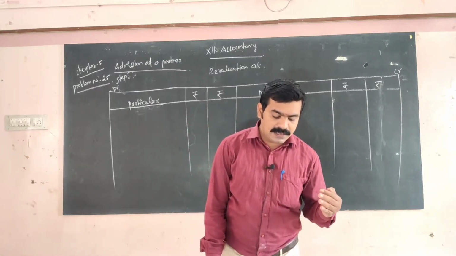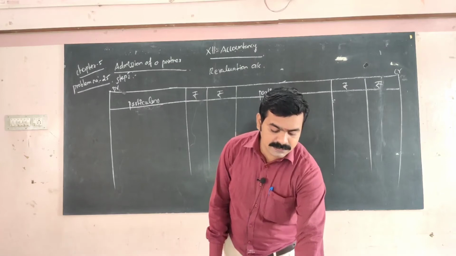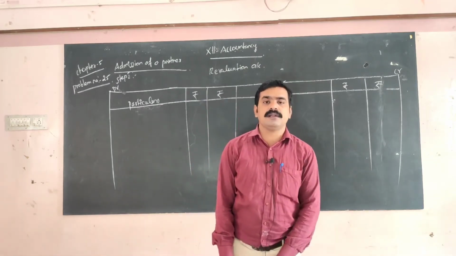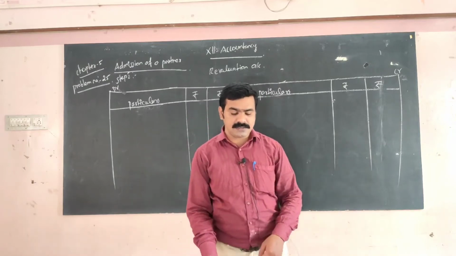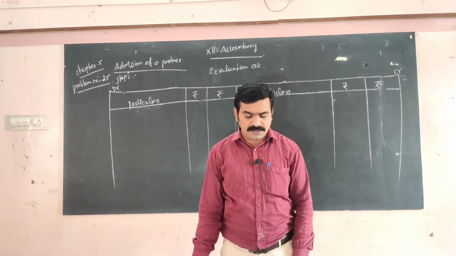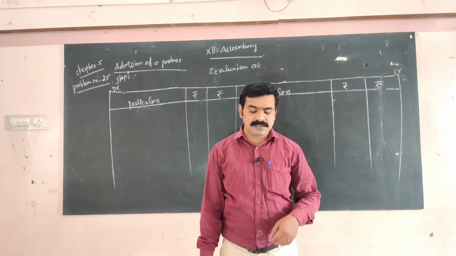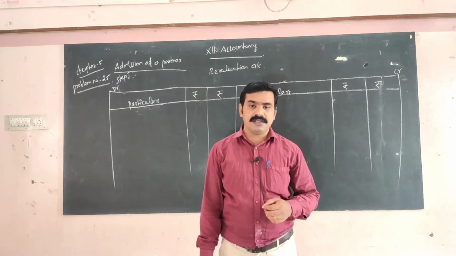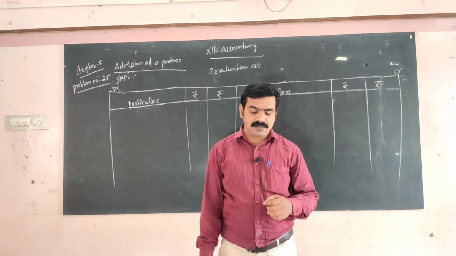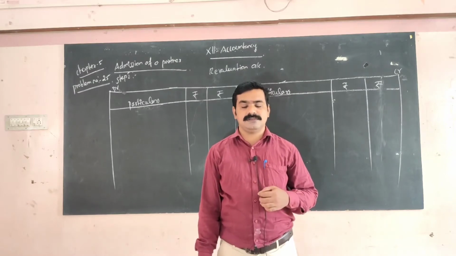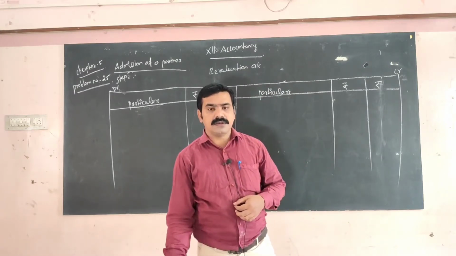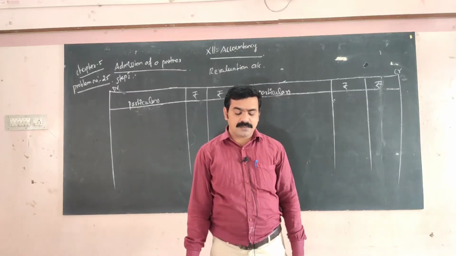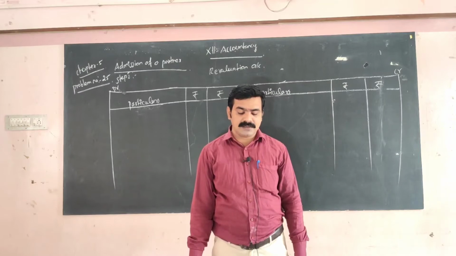Then creditors 50,000, general reserve 10,000, workmen compensation fund 15,000, buildings 40,000, furniture 13,000, stock 25,000, debtors 15,000, bills receivable 14,000, bank 18,000.